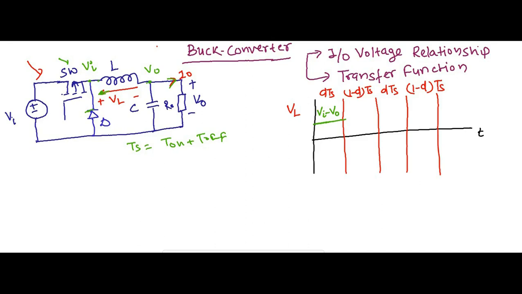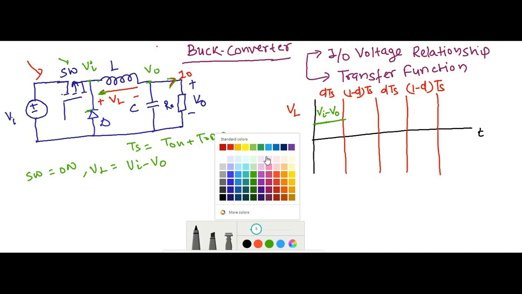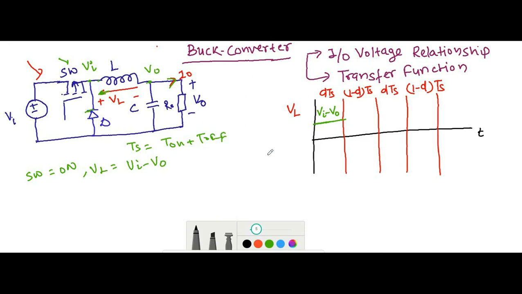So when SW equals on, VL equals Vi minus V0, input voltage minus output voltage. Let us understand the other case as well. When your switch SW equals off, at that point of time the diode conducts, and when the diode conducts, you will see the negative of your output voltage across the inductor, that is minus V0.